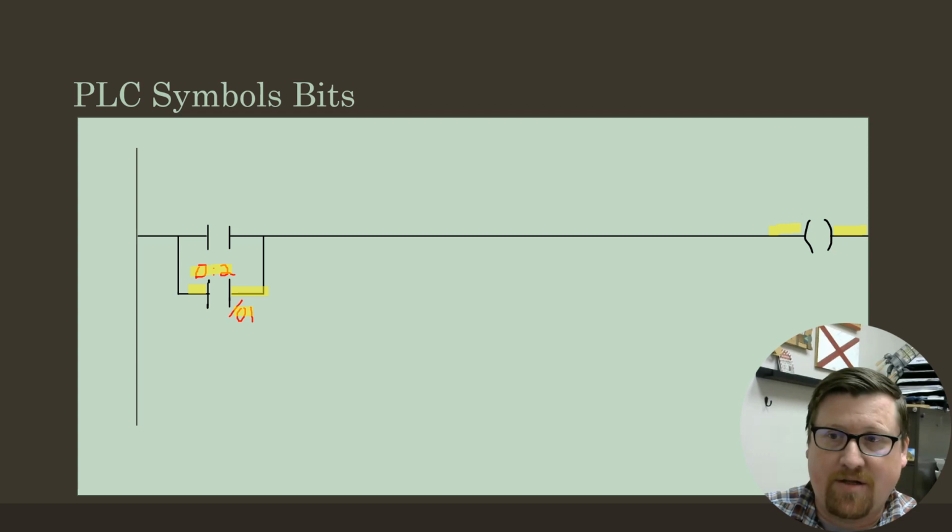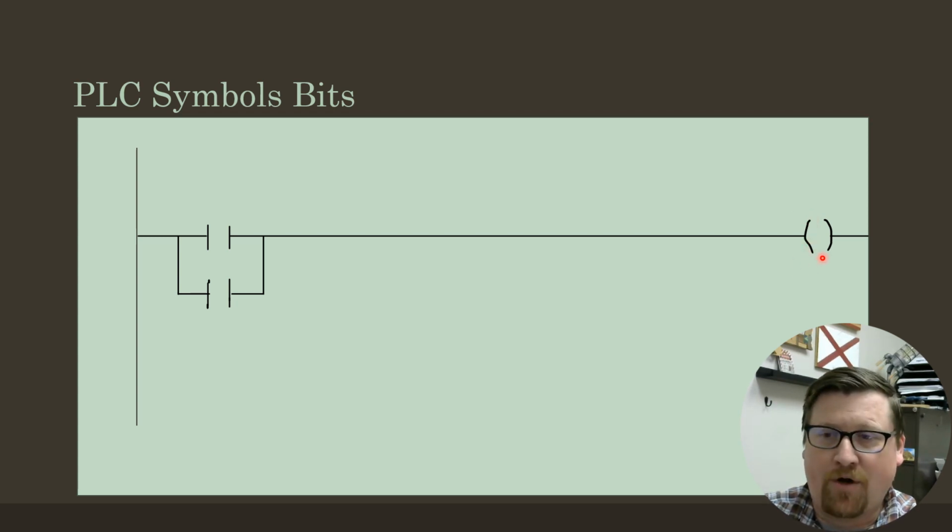So let me clear out all of this that I've already drawn so that I can concentrate on the bits. And so what a bit is, is we have this output, this symbol for the output. And if I give that an address that is O:2, whatever it is, but if that address starts with an O for output, the PLC is going to physically turn something on.